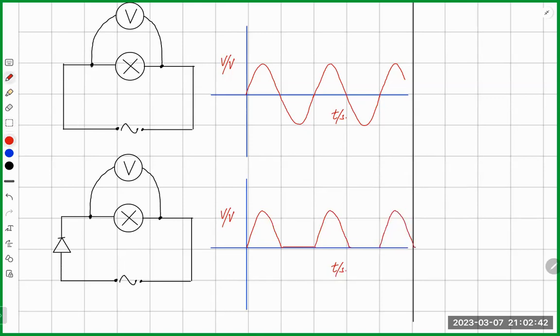So half of the time the diode is forward biased, half of the time it is reverse biased. When the diode is reverse biased, it is not allowing the current to pass through.